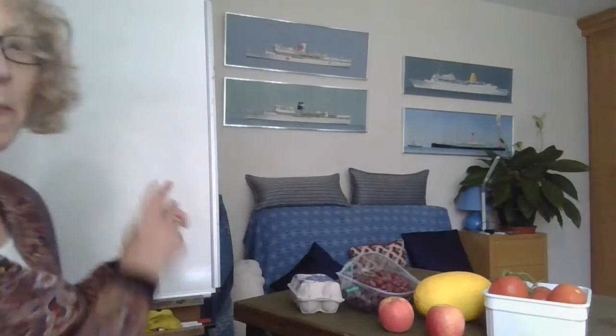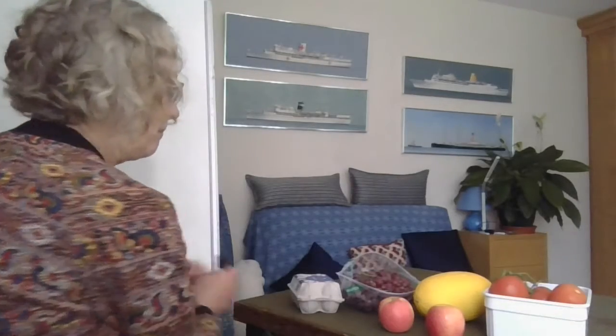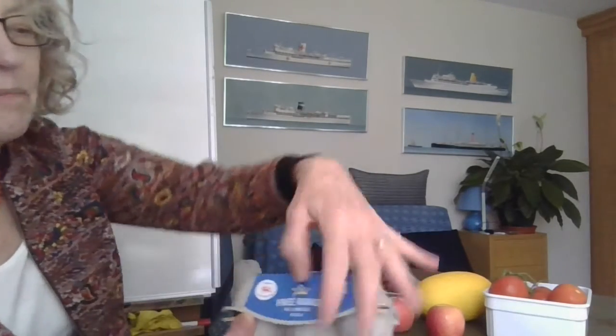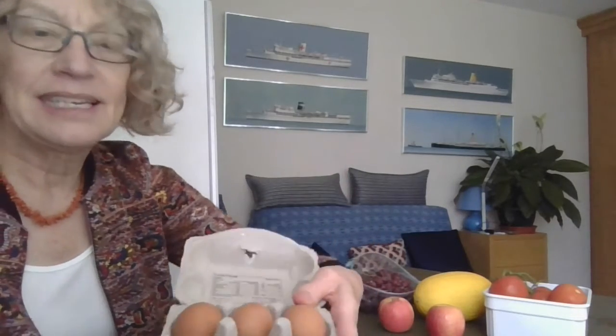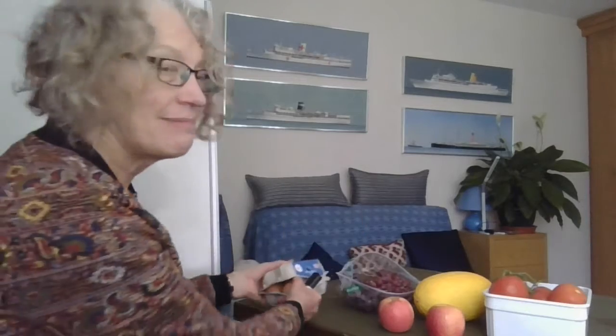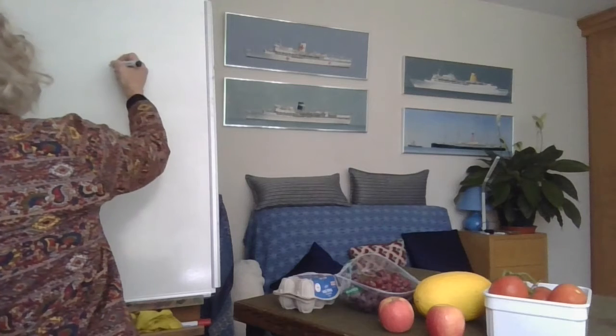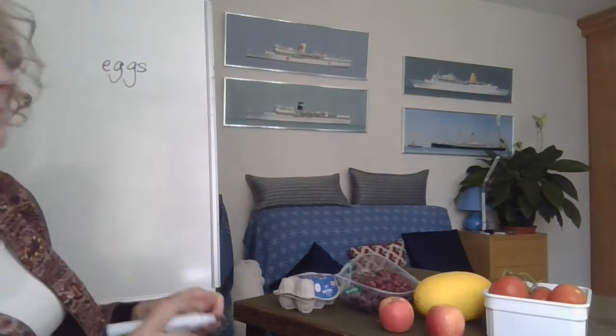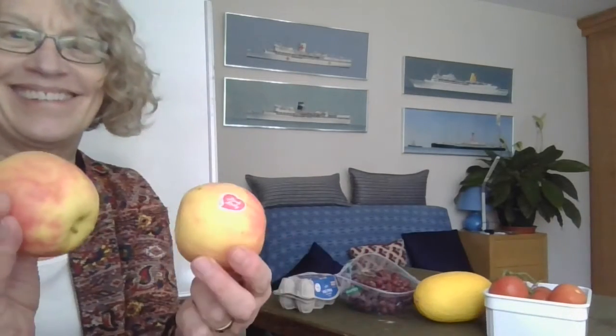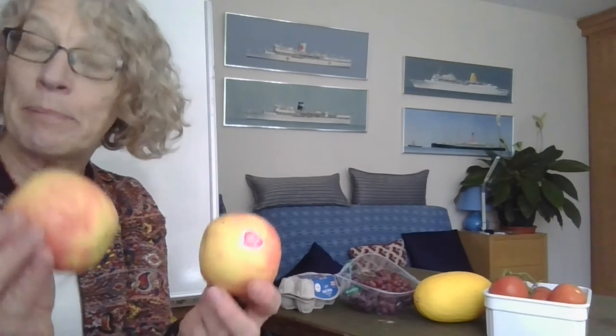So we give the name of what we're asking the price of. And here we are. These are the things that I brought along. I'm going to write their names on the board here so that you know what they are. I think you'll know what these are. It says it there, free range eggs. And here we've got 6 eggs. So I might say 6 eggs cost £1.50. These are apples.